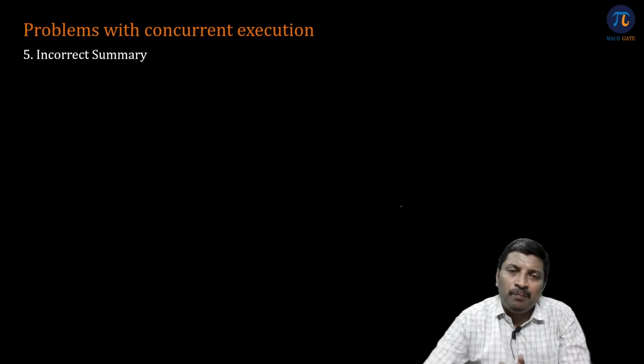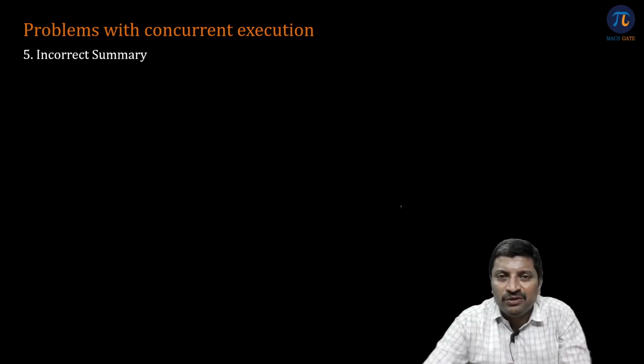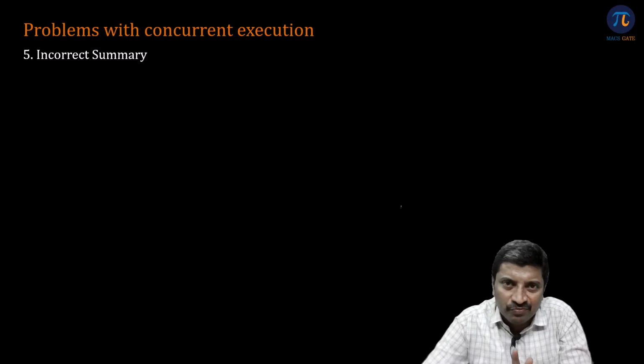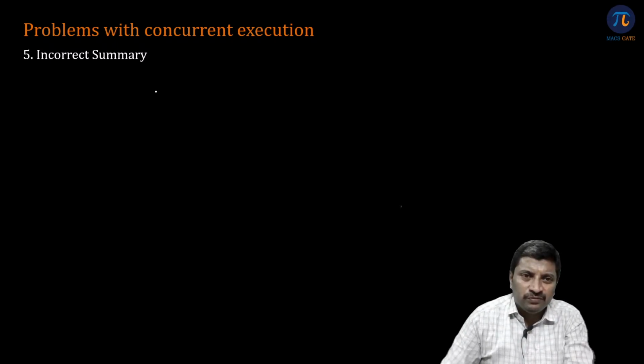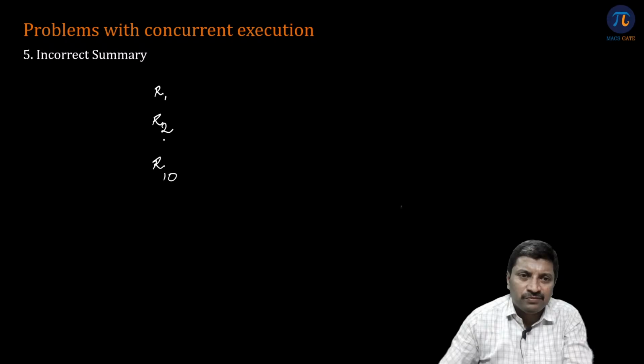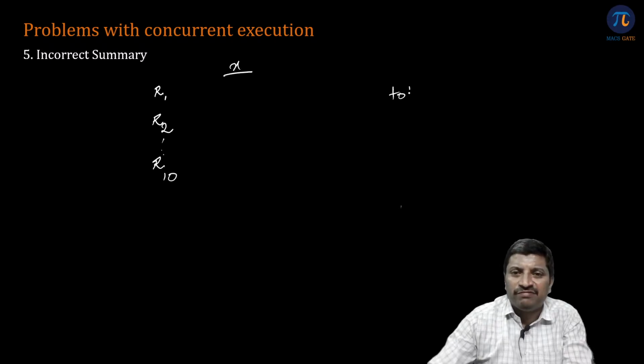Incorrect summary. Phantom phenomenon and incorrect summary both seem almost the same. Okay, for example, suppose I have 10 records in which I am calculating the total of X. Instead of X, let us consider percentages of students.